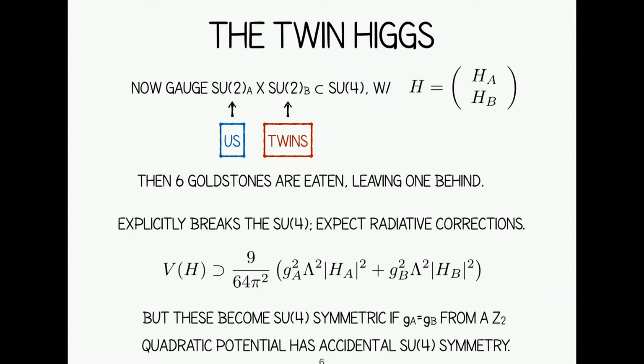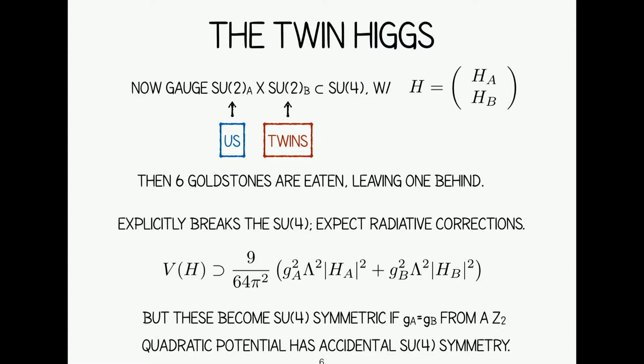If I've gauged the SU2 cross SU2, and I have a scalar whose vacuum expectation value spontaneously breaks SU4 to SU3, then unless I play particular games with the alignment of the vacuum expectation value, generically that VEV will break both of the 2 gauge groups. The vacuum expectation value will lie in some direction that's not aligned with either of the SU2 factors, so a general VEV for H will live partly in the first doublet and partly in the second doublet.